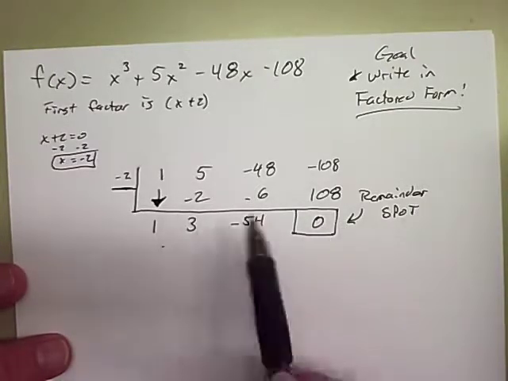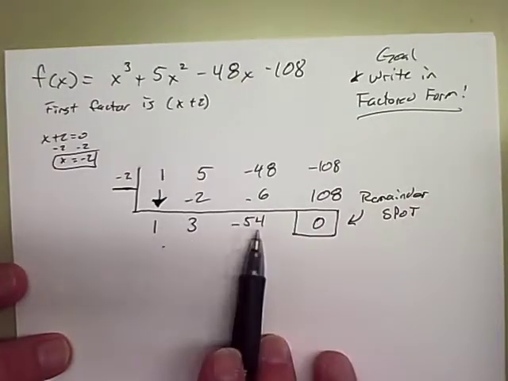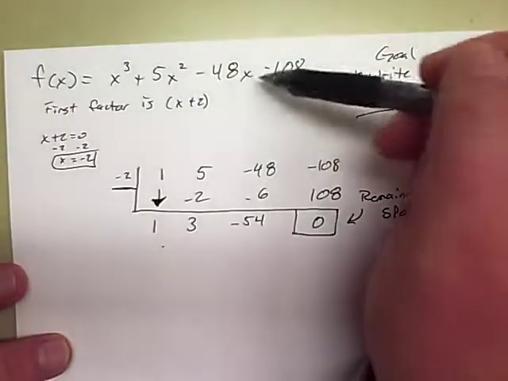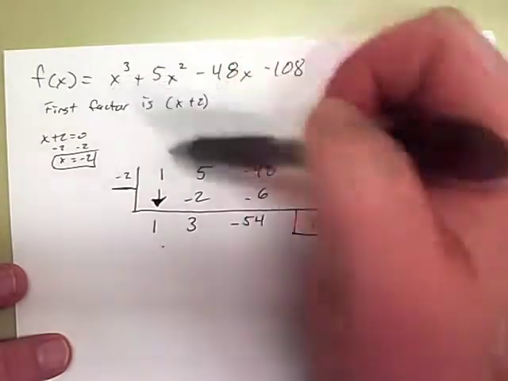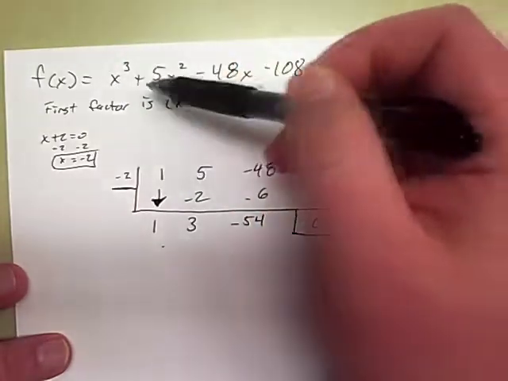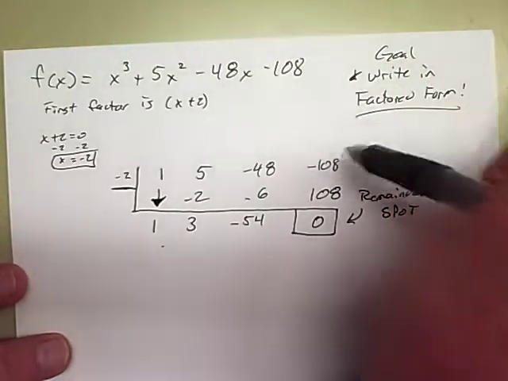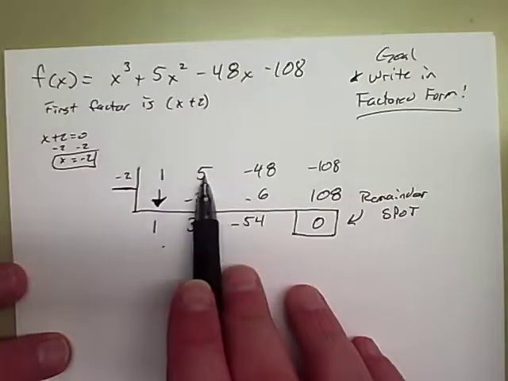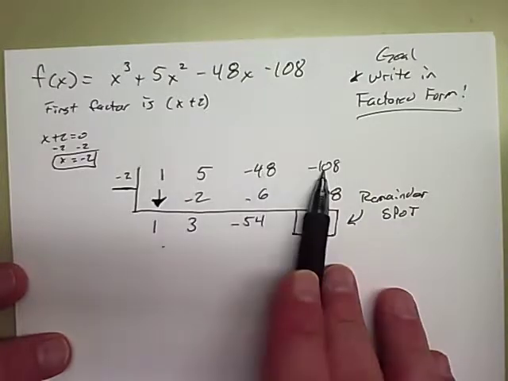And now I have to rewrite the polynomial. So I'm going to convert it from coefficient form back into polynomial form. Well, much like we went from polynomial form into coefficient form, this 1 was x to the third, 5 was x squared, negative 48 was negative 48x, and negative 108 was negative 108. Now look at the exponents. X to the third, x to the second, x to the first, and no x's. 3, 2, 1, none.